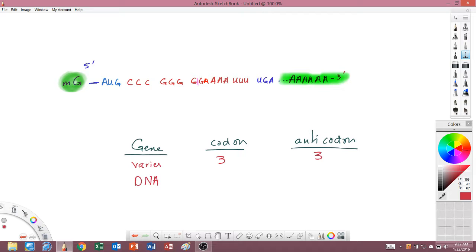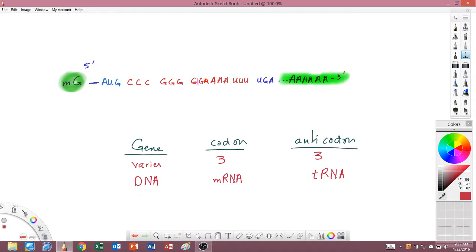Although it's also transcribed in the mRNA, you can call it that, right? Codon? mRNA is much better than RNA. mRNA only, not on ribosomal RNA, right? Okay, how about anticodon? tRNA. Very good.